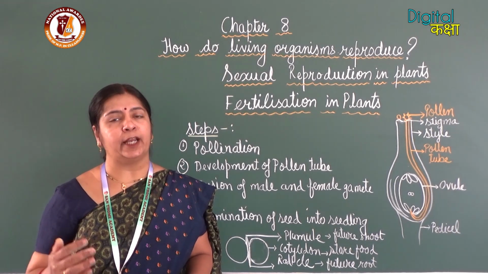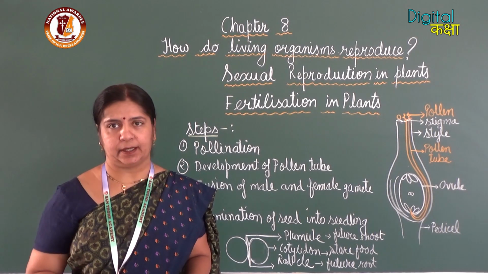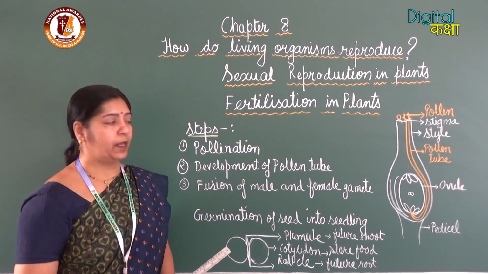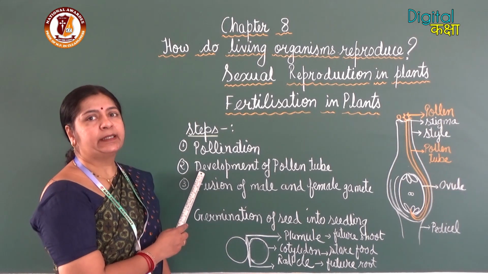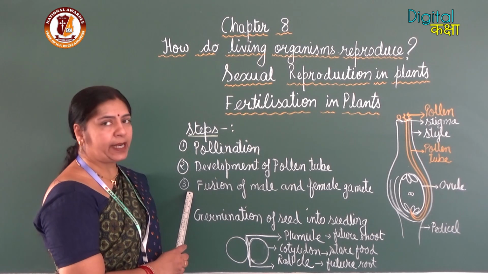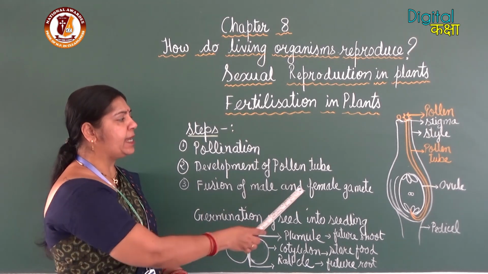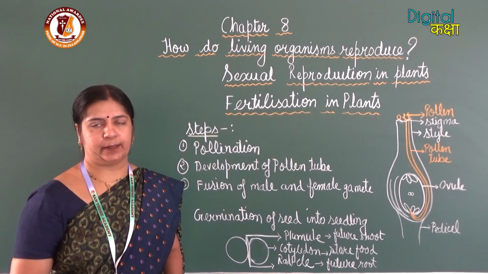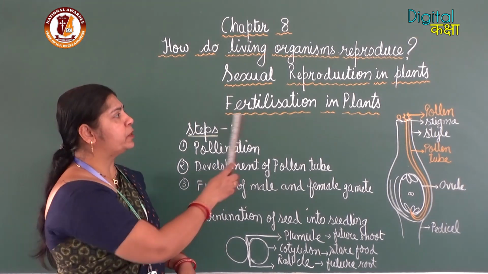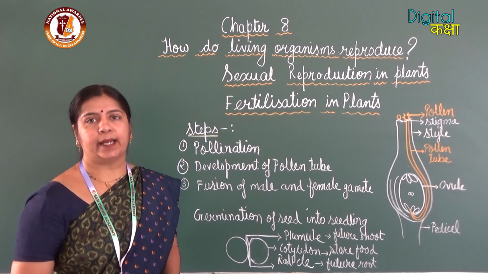This process involves a few steps. Step number 1, pollination. Step number 2, development of pollen tube. Step number 3, fusion of male and female gamete. So these are the steps involved in the process of fertilization in plants.